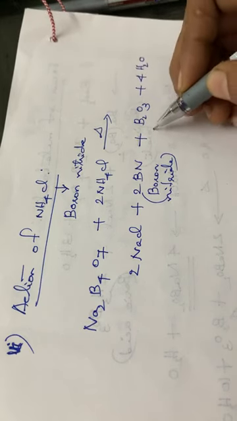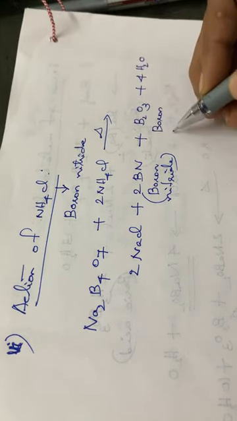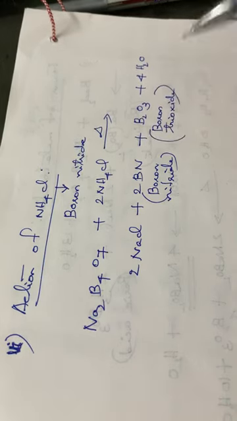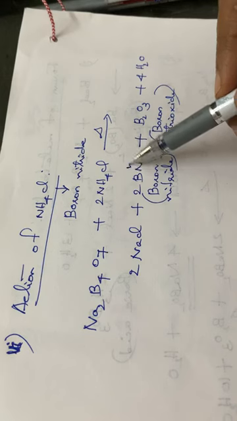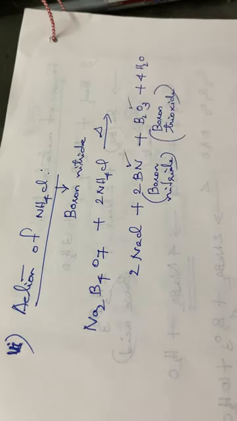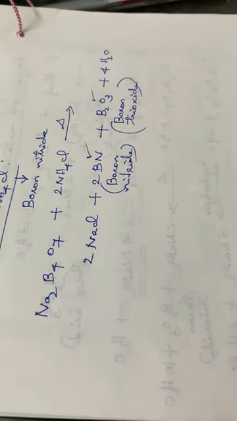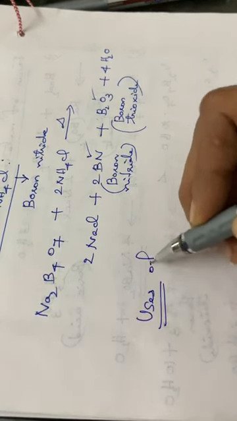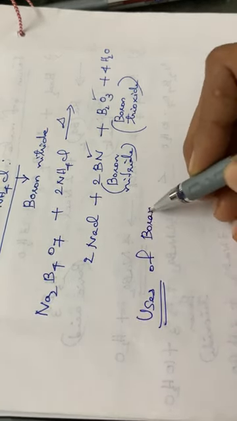B2O3 is boron trioxide or diboron trioxide. So here on reaction with ammonium chloride, we will be having boron nitride as well as boron trioxide. Then the next one, that is the uses of borax.